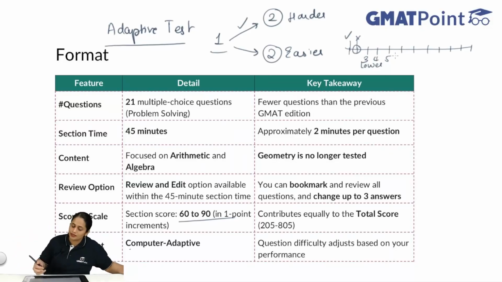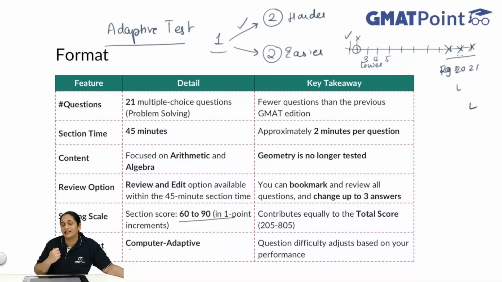What often happens is that near the end of the section, say about 19, 20, 21st, people tend to run out of time. Because they run out of time, 19 is marked as incorrect, 20 is of a lower difficulty level and is also marked as incorrect, 21st is of even lower difficulty level, and even that is marked as incorrect.